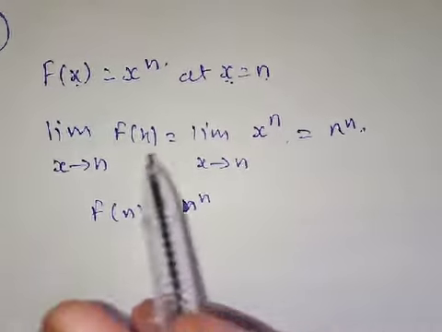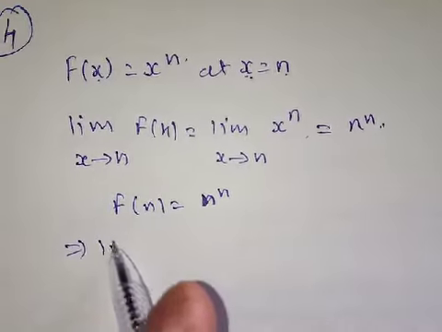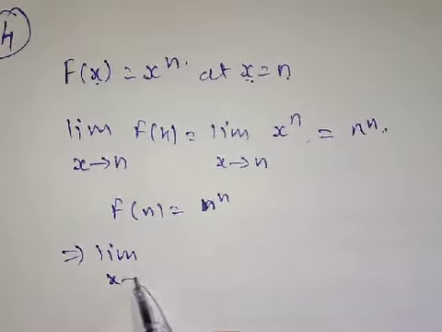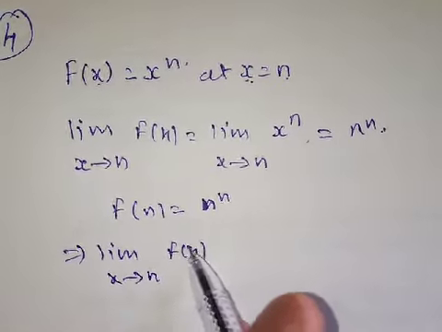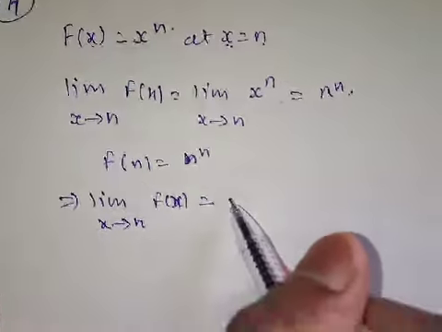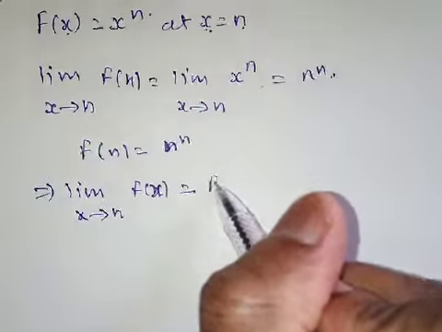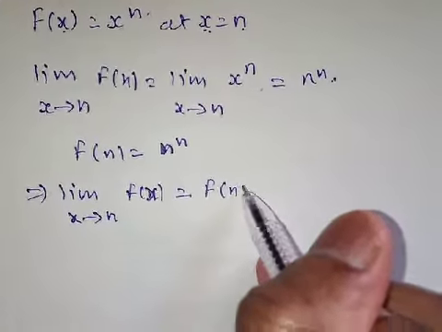So these two are equal, which implies limit x tends to n of f(x) is equal to f(n). Got it?